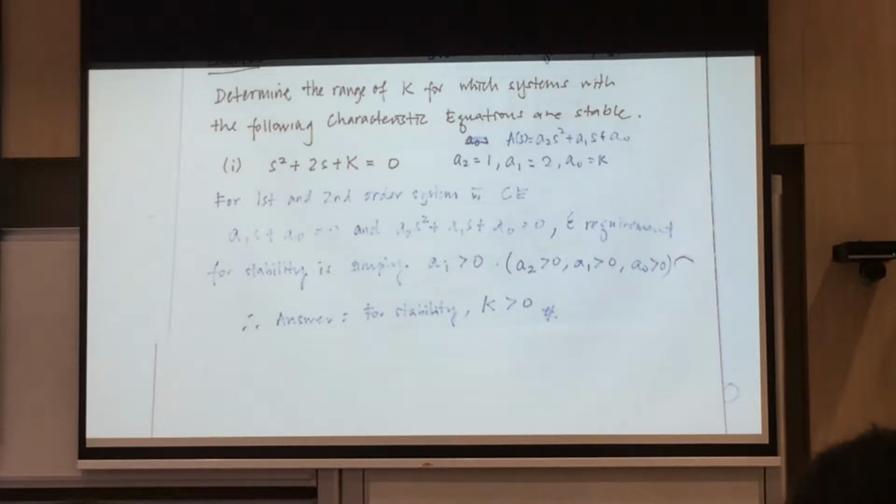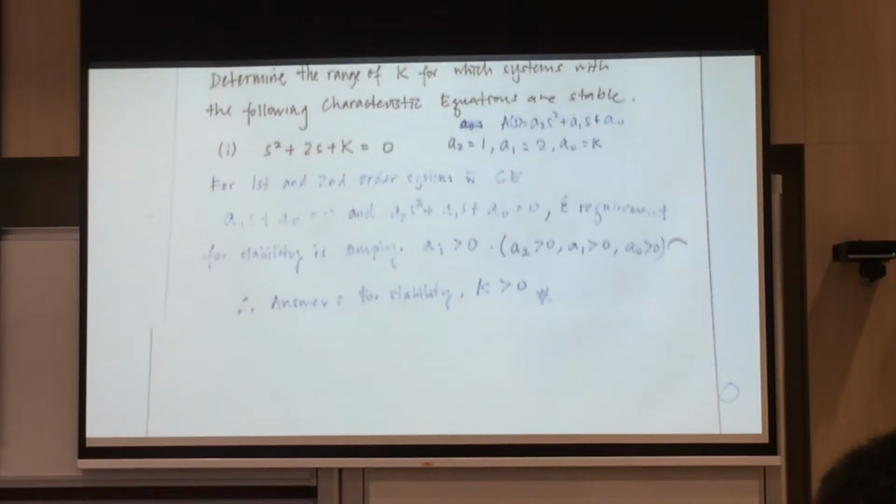So the answer is K bigger than 0. You just need to tell me K bigger than 0, that's all. The rest is just for your information. Next, we move on.